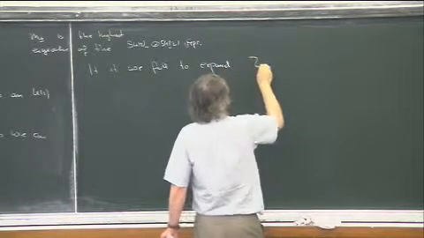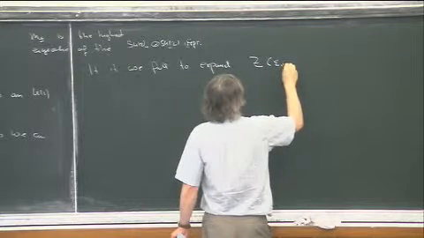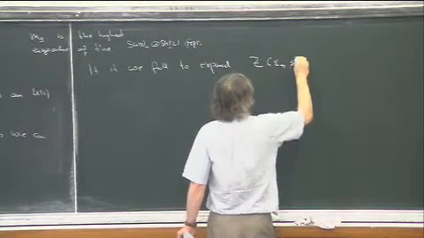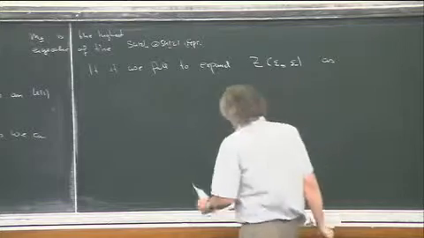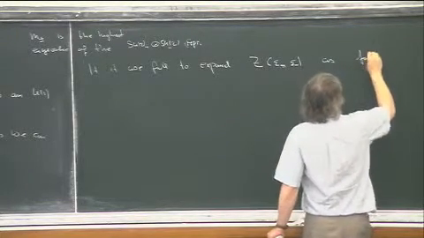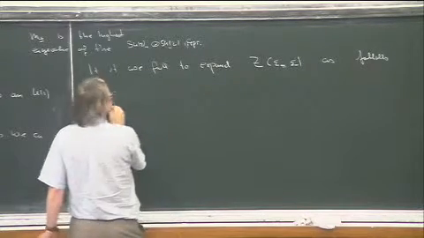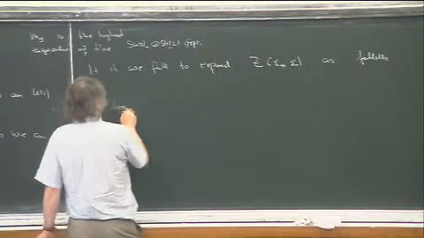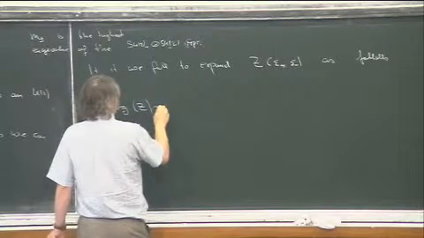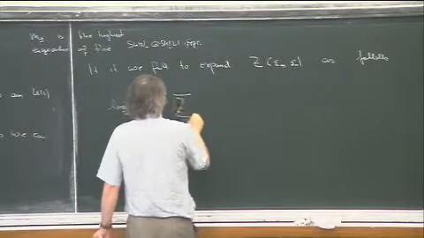It is useful to expand Z epsilon plus epsilon minus as follows. We take the log of Z, and then we write it as a sum.